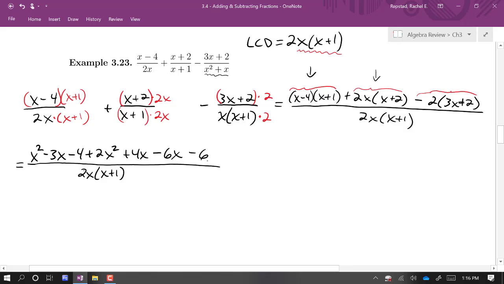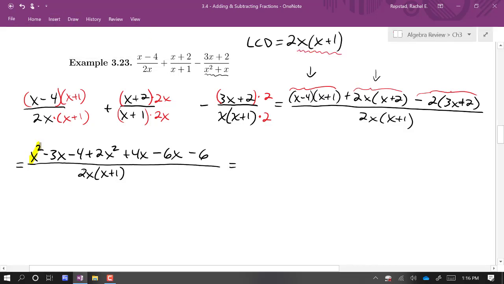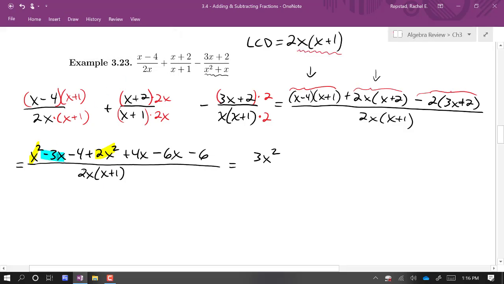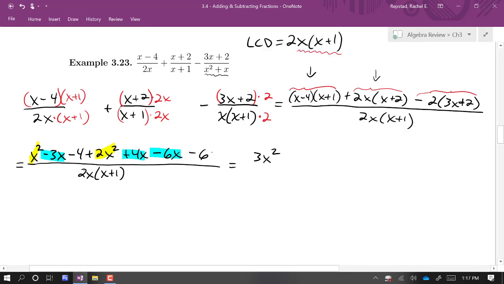So now we've expanded everything. Let's combine like terms. So x squared plus 2x squared is 3x squared. Negative 3x plus 4x minus 6x is minus 5x.